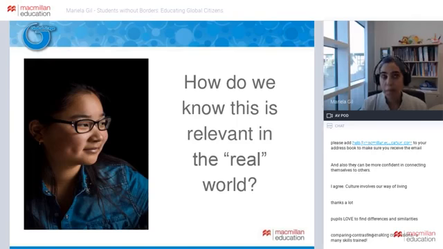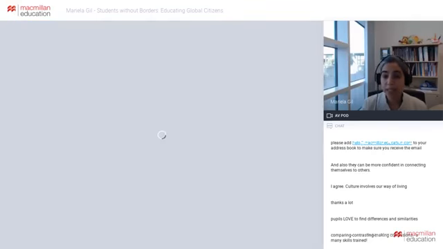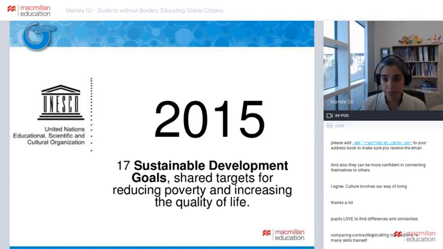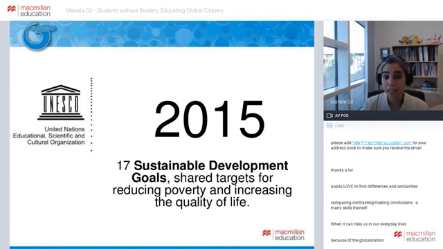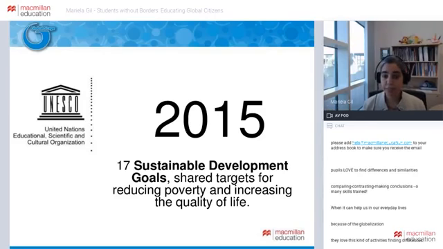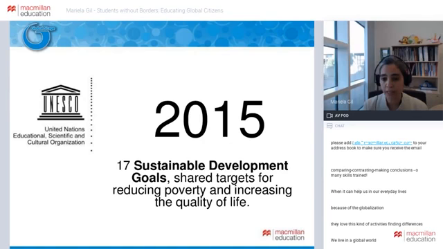I'd like to give you just a tiny little bit of history here. The United Nations has put together, in 2015, 17 Sustainable Development Goals. These are targets for countries all over the world to hit in order to reduce poverty and increase the quality of life.